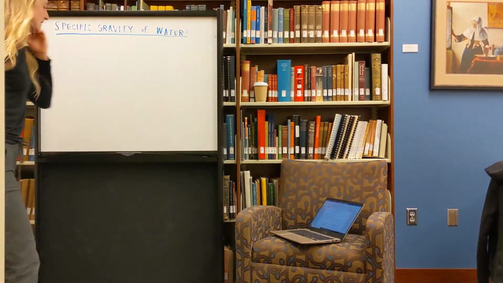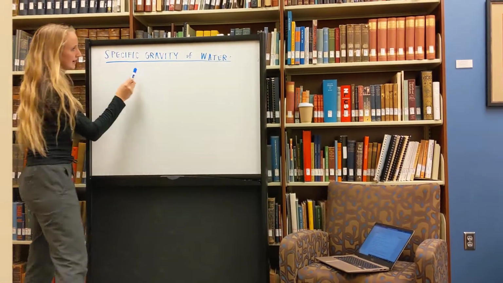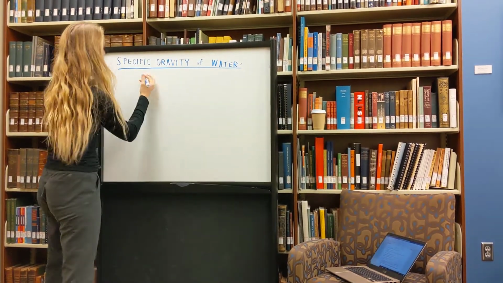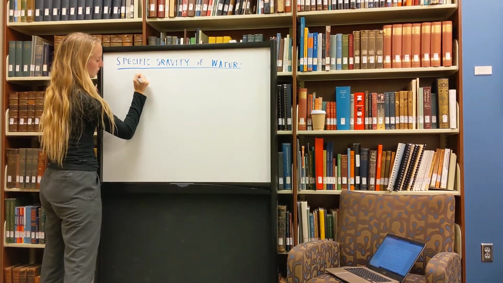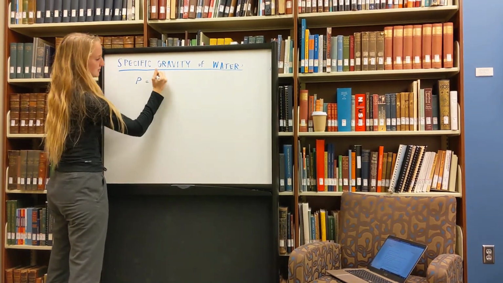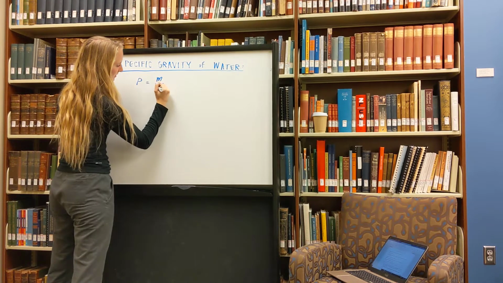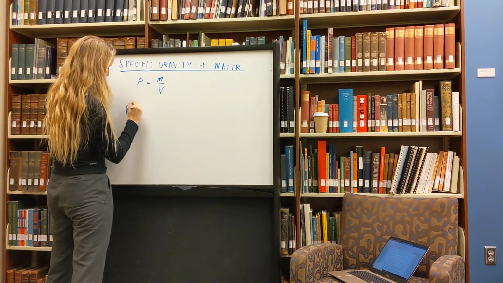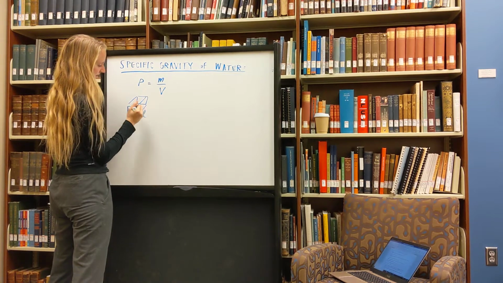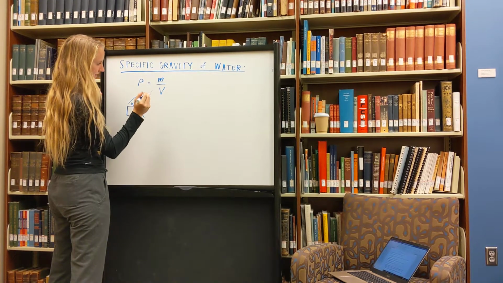So, the first thing we need to know about specific gravity of water is density. Now, density is signified by the symbol rho, a kind of slanted P, which is equal to mass over volume. And as you know, a volume is just length times width times height.